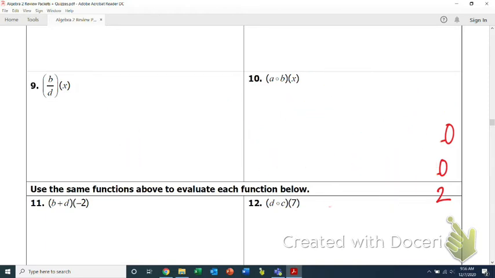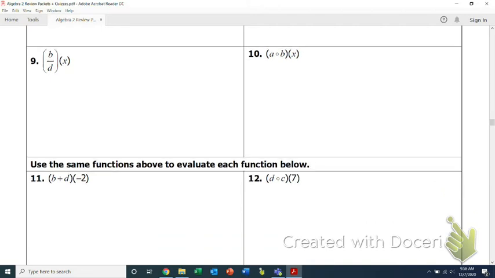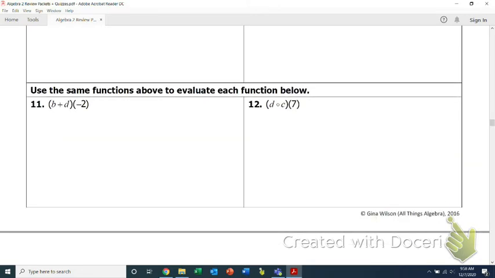Now, on 11 and 12, you are adding one step. So we are still doing b plus d. But in cases before, we just plugged in the x. We just left it alone. In this case, we are saying b of negative 2 plus d of negative 2.